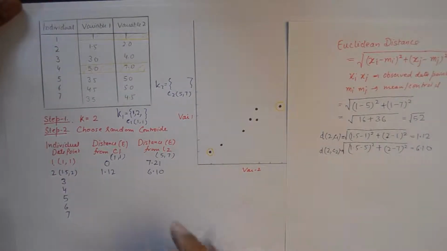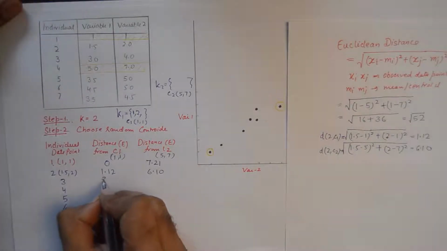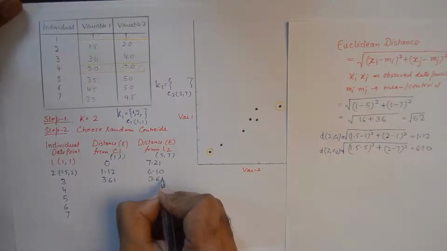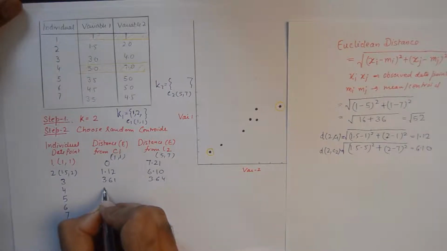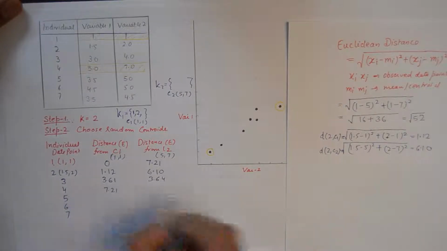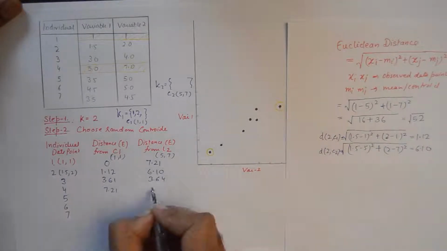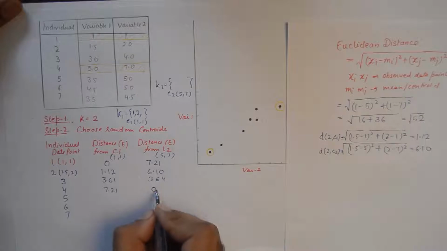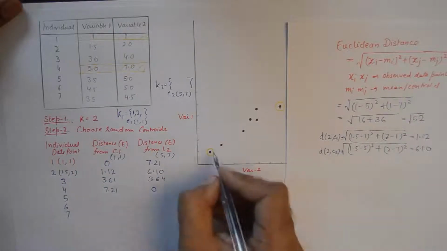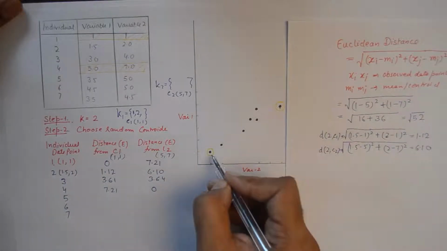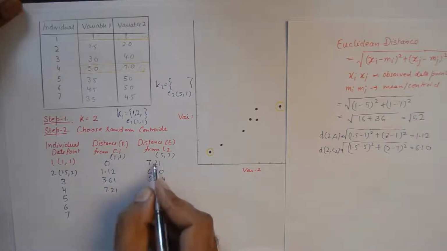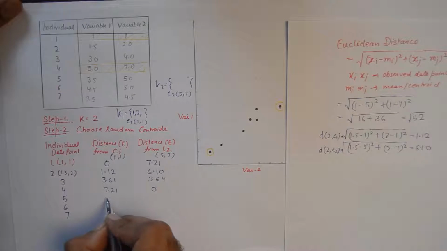I have gotten these distances calculated already, so I'll simply write them down. Point number 4 is 0 distance away from the centroid, so I'll put a 0 here, but this point is far away from the other, so it is 7.21 as we calculated here.